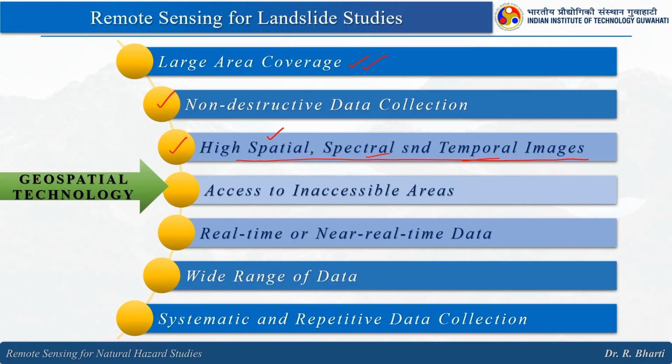Then we have temporal images, which are captured in different time frames. They are basically images captured for the same area by the same satellite, maybe at a 10 or 15 day interval, and they are utilized to see changes on the ground.